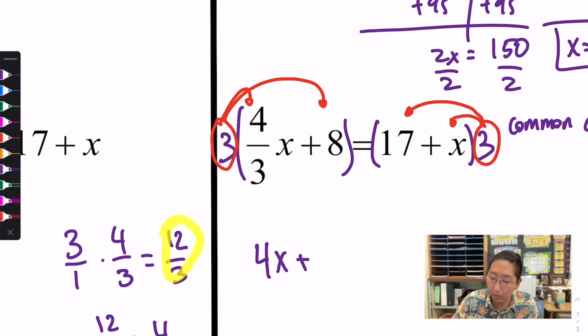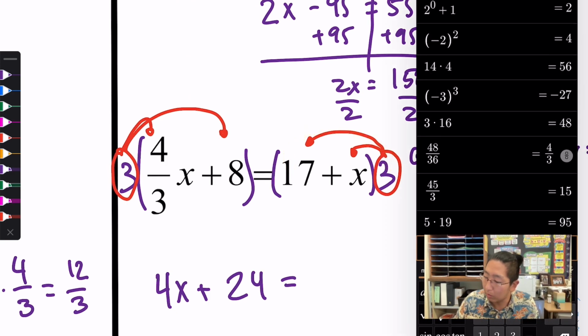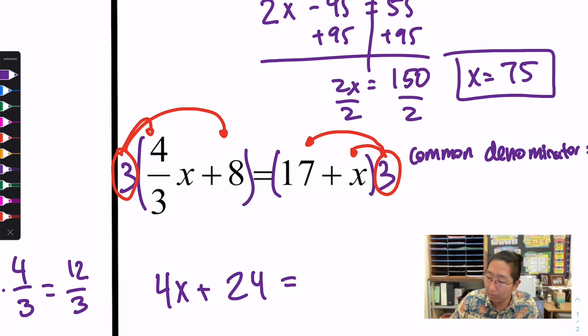And I went ahead and reduced this to equal 4. 12 divided by 3 is 4. Okay? All right. So we have 4x plus 3 times 8 is 24 equals, and so now I'm going to do 3 times 17. I'm going to use my calculator for that. 3 times 17 is 51. So I have 51 plus 3x.